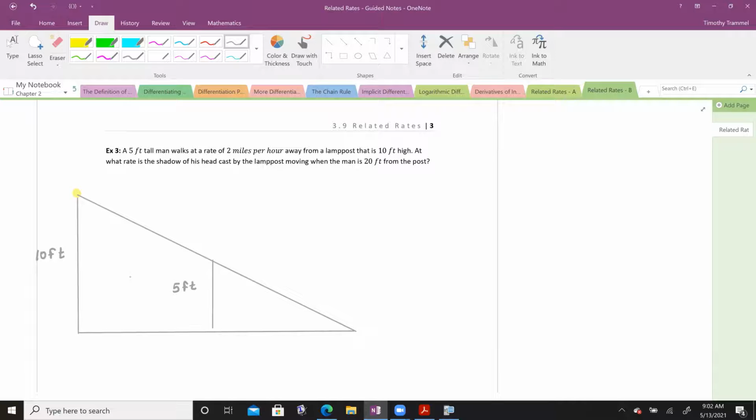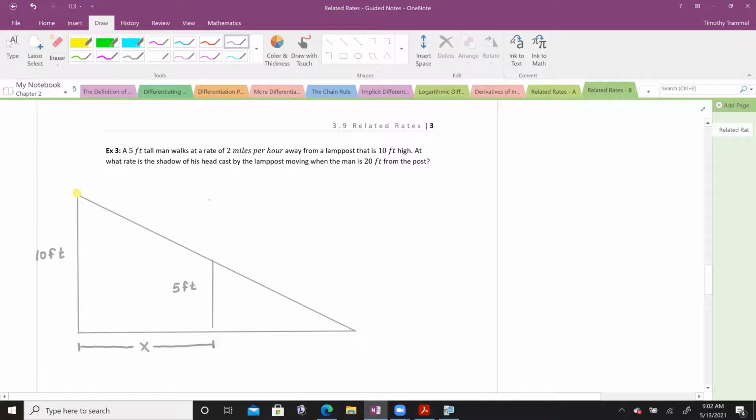So if we were to read this again, a 5-foot tall man walks at a rate of 2 miles per hour away from the lamppost. When we're talking about this person moving away, we're talking about this side length right here changing, from here to here.